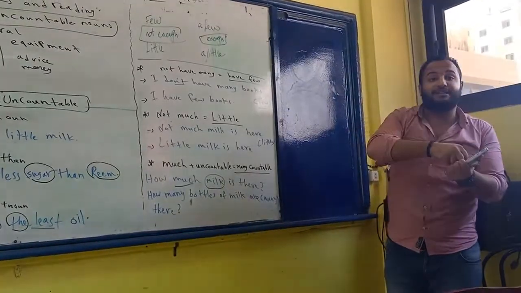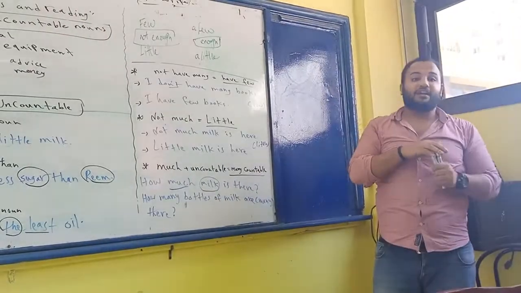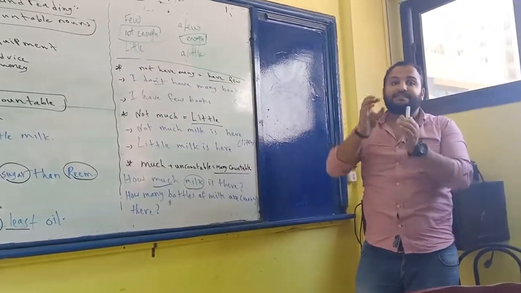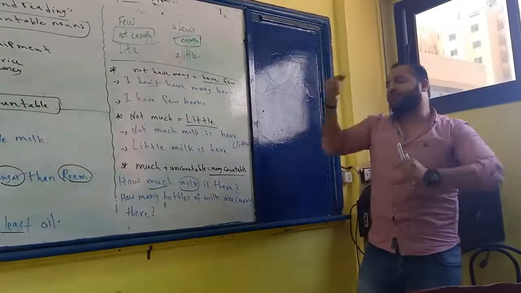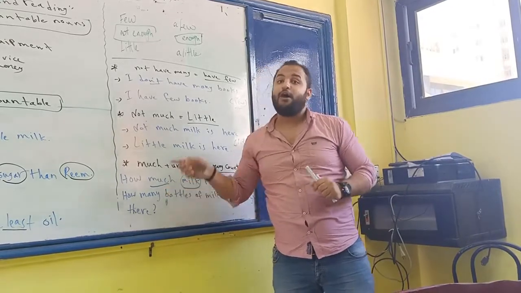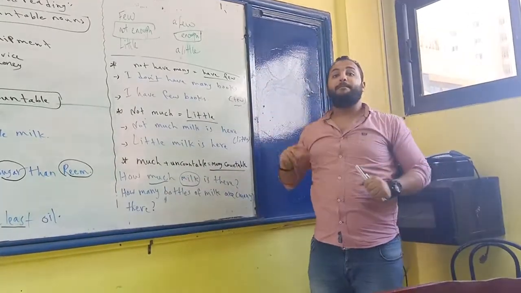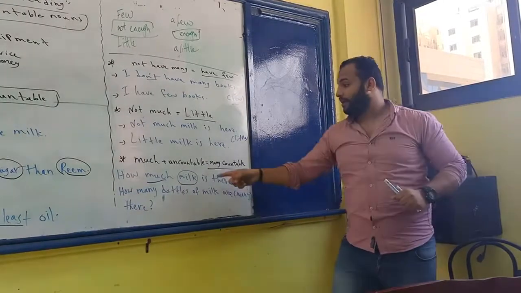How can I do that? I use something related to the uncountable noun. I put it in a specific container. For example, how many bottles of milk? If it's tea, how much tea? How many cups of tea? Milk, how many bottles of milk are there?